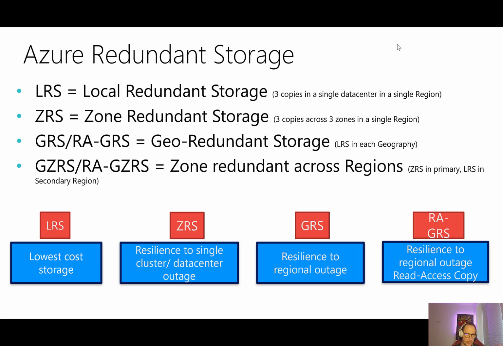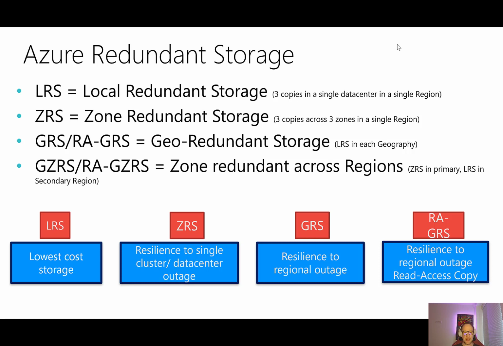Zone redundant, think about availability zones, is going to give you 3 copies in different zones in the same region. And GRS, geo-redundant storage, gives you 3 copies in one region, 3 copies in another region. One of the newer ones, I would say, is GZRS, geo-zone redundant, where we're going to store zone redundant in the primary and locally redundant in a different geography.